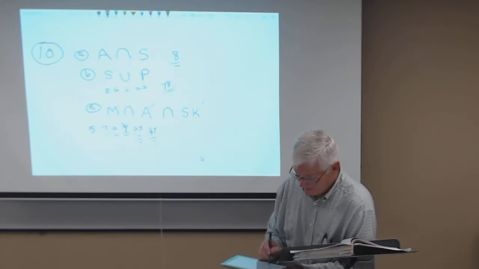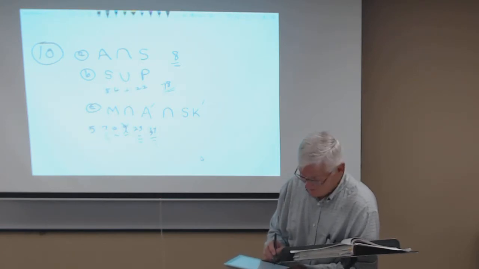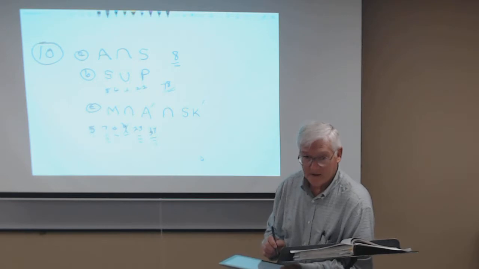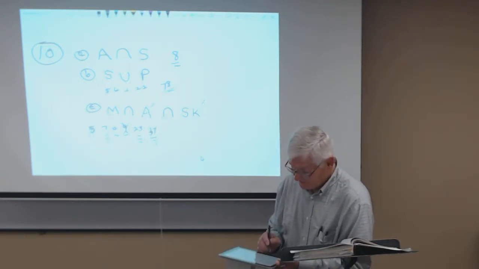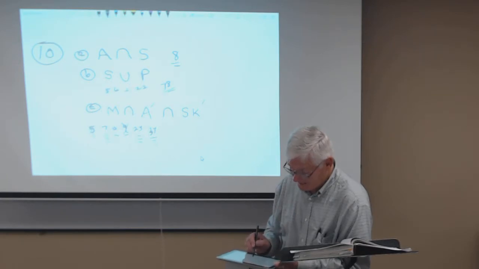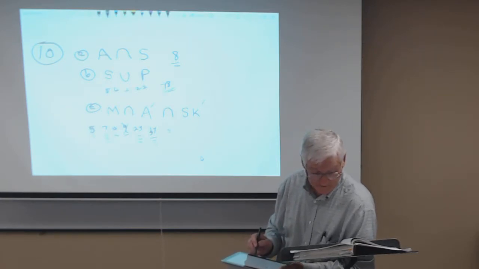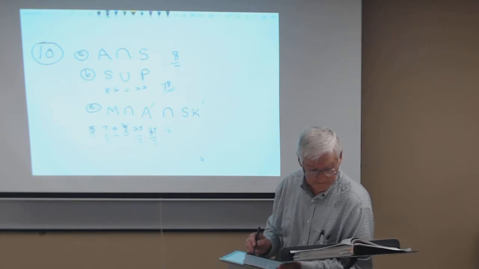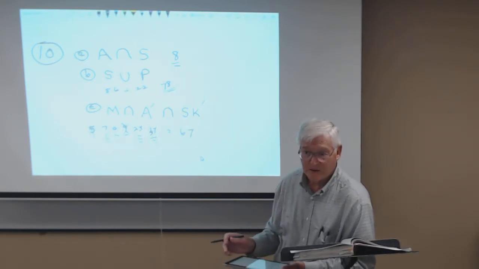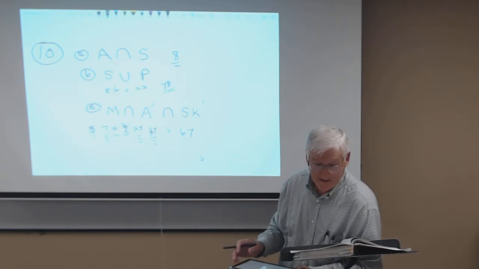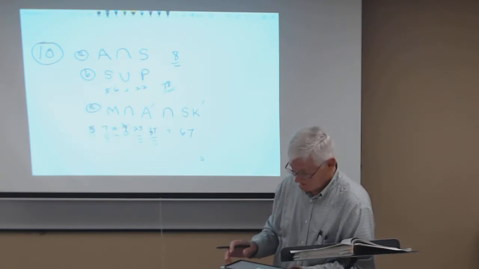No. I use 7, but not 5 because that was A, wasn't it? And I want the complement of A. So I add 7, 23 and 37, and what do I get? 67. Everybody see what's going on? No. What? Let's do another one then.